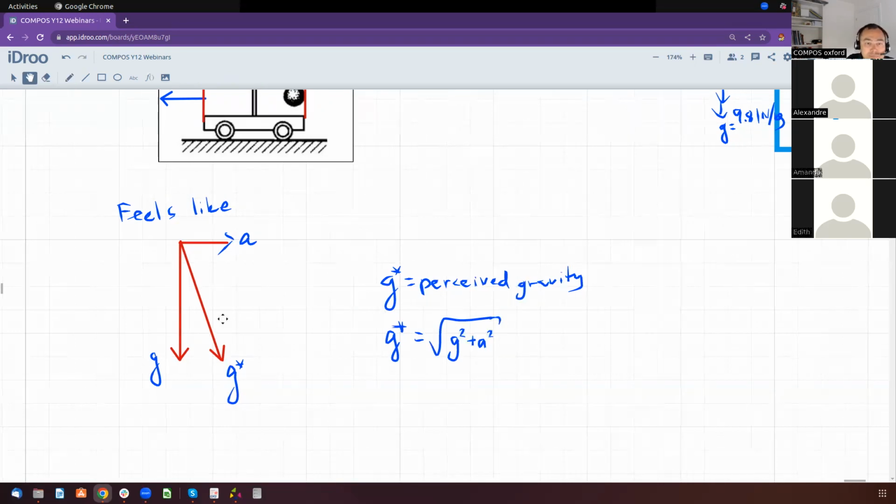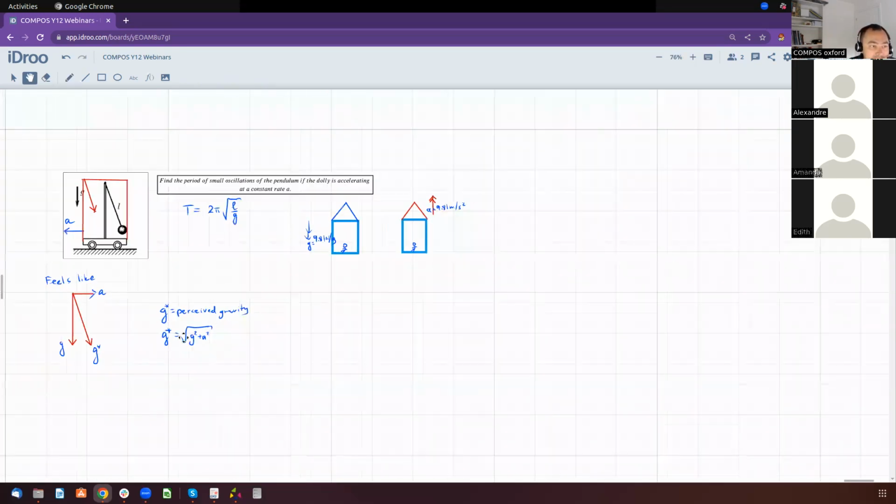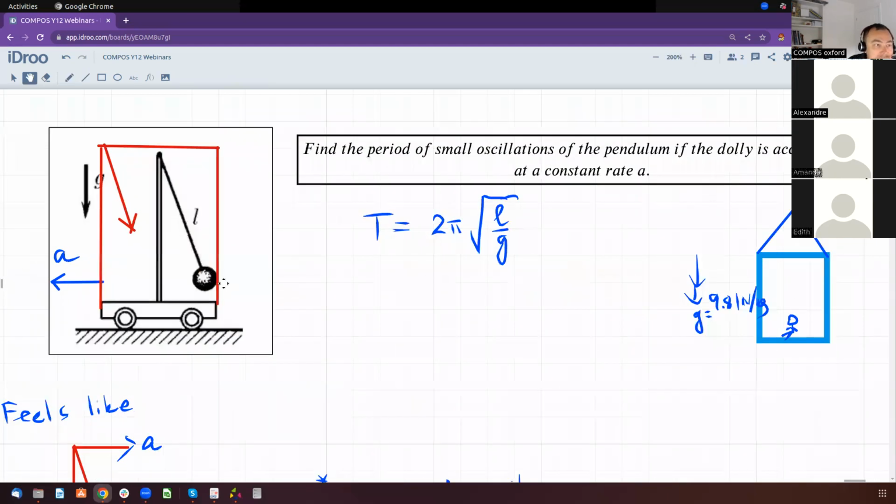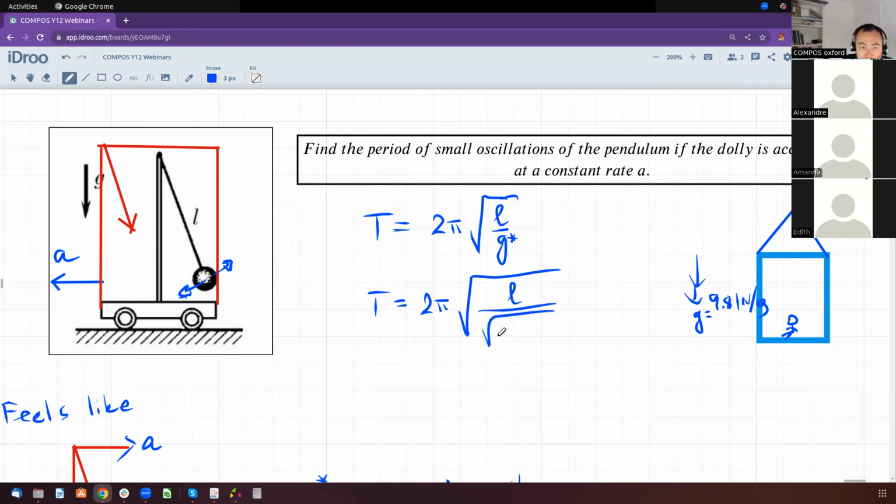Therefore, the pendulum would be sideways, but it would be oscillating left and right like this. And the time period is going to be 2 pi square root of L divided by square root of G squared plus A squared.